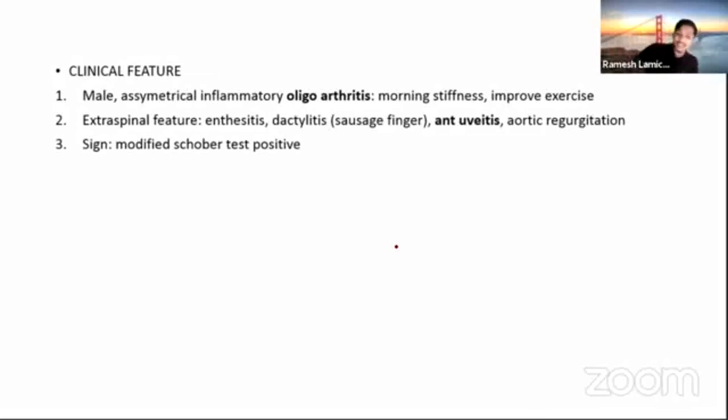So how do you diagnose this patient with ankylosing spondylitis clinically? So clinically we can look at the lower back, এর মধ্যে আমরা কি দেখতে পারবো? We can look for any restriction of movement, right?